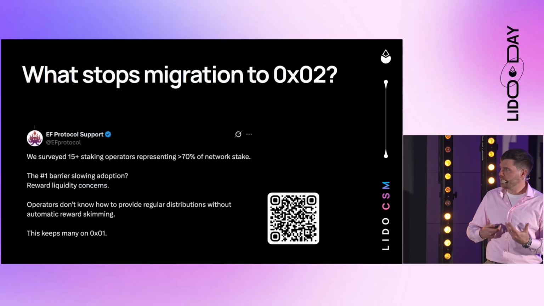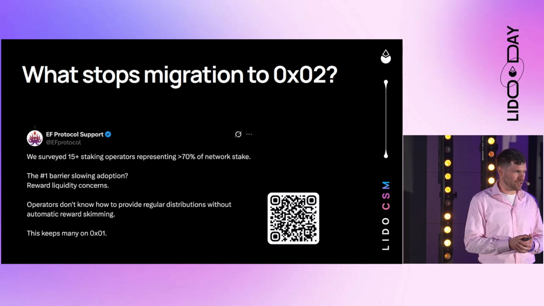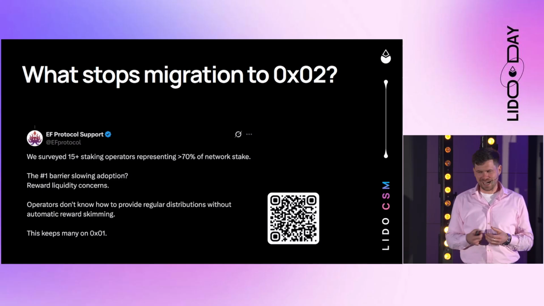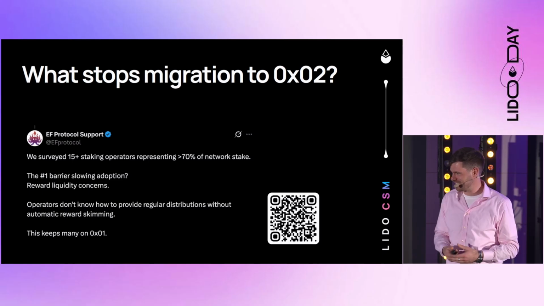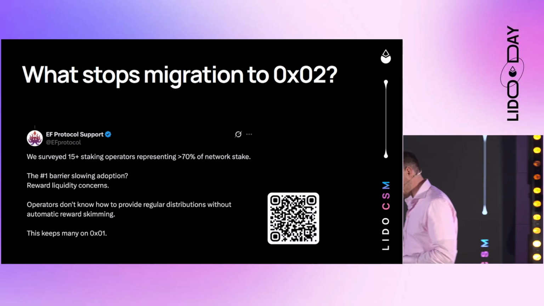According to the Ethereum Foundation Protocol Support Research, who apparently surveyed most of you, and you've answered, at least those who are professional operators, liquidity concern is the main problem.